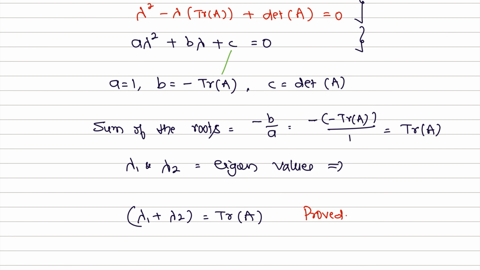C is linked to determinant. B is linked in this way and A is linked in this way.